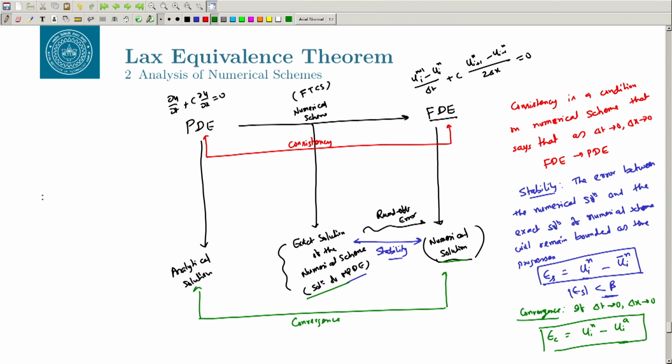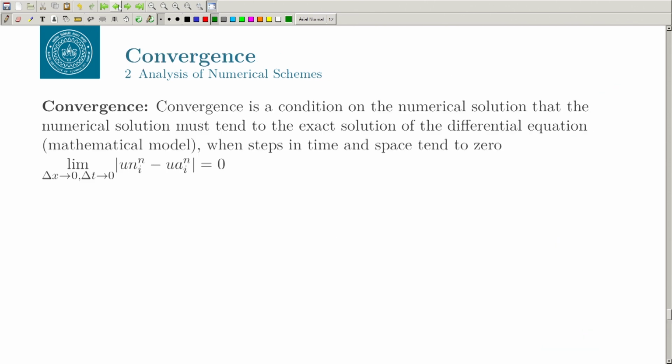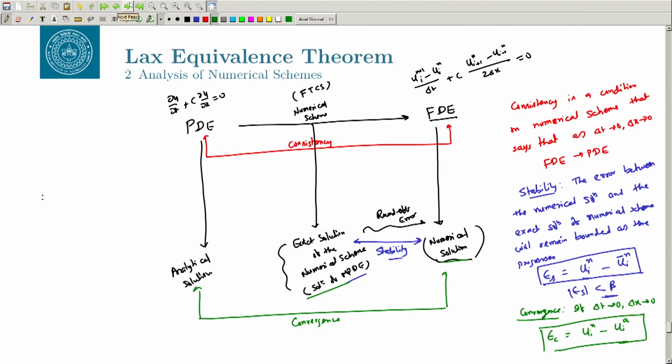And convergence connects your numerical solution to your analytical solution, and it says that if your delta t and delta x are very small, then your numerical solution will approach the analytical solution. So, the difference between the two goes to 0 as delta t and delta x go to 0. Okay. So, I hope this diagram is clear to you.